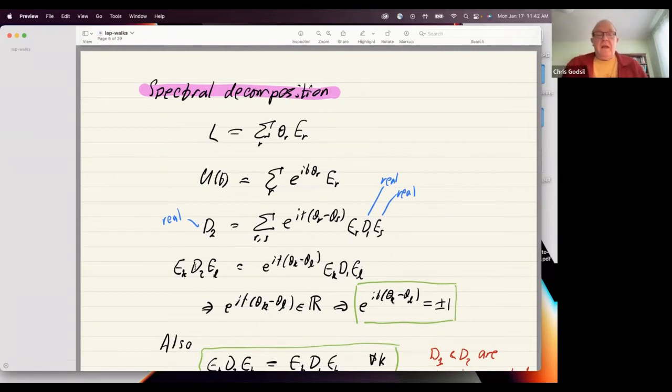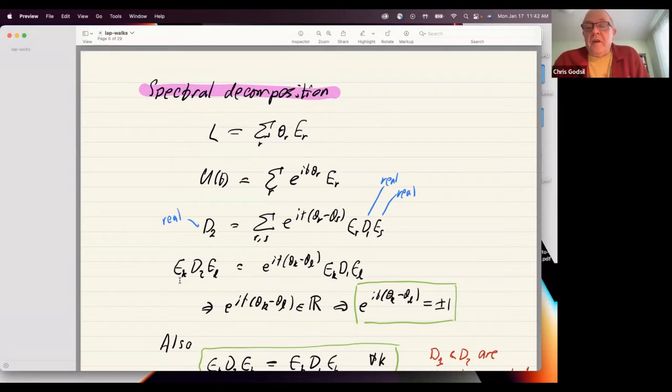So I get that E_k D2 E_l is equal to just a complex scalar times E_k D1 E_l. Now, there are 2 matrix products there, and they're products of real matrices. They're both real. And so that implies that that exponential there, e to the it (theta_k minus theta_l), is real. And anyway, it can be only plus or minus 1.